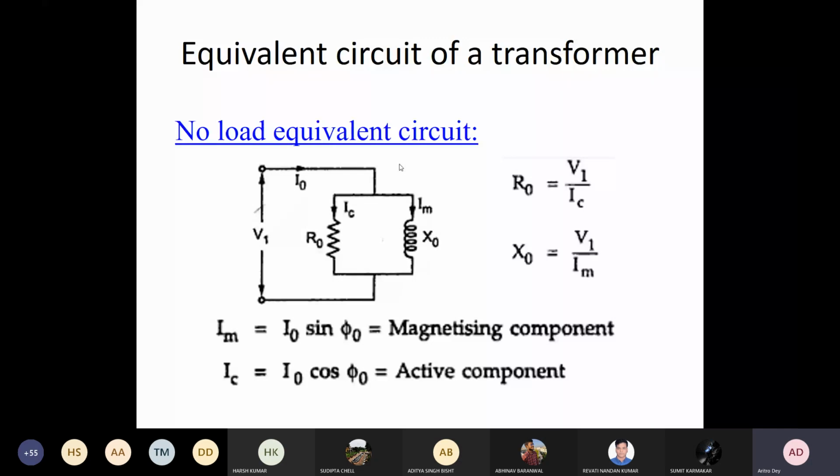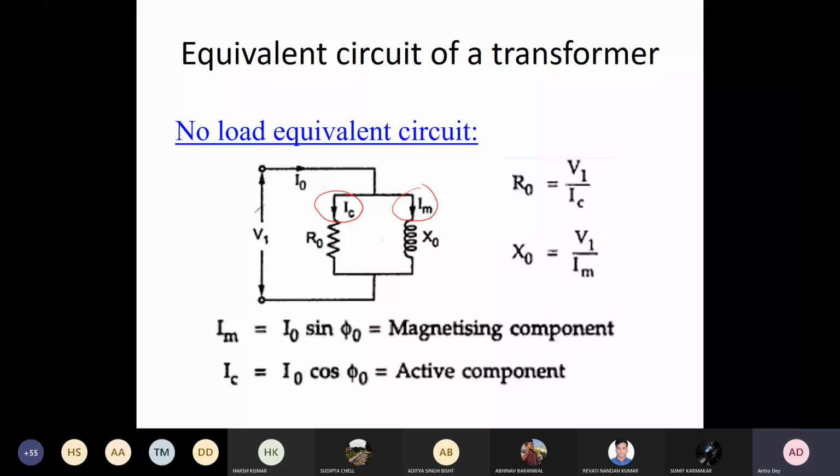It is in the ideal condition when there is no leakage reactance and resistance in the primary or secondary. Only the current passes through the core, and for that you have the magnetizing component and the core loss component due to the iron core.